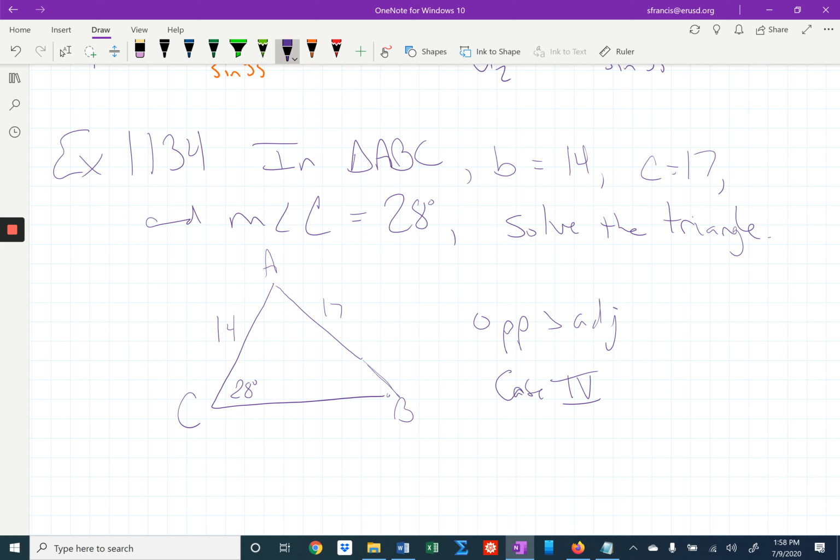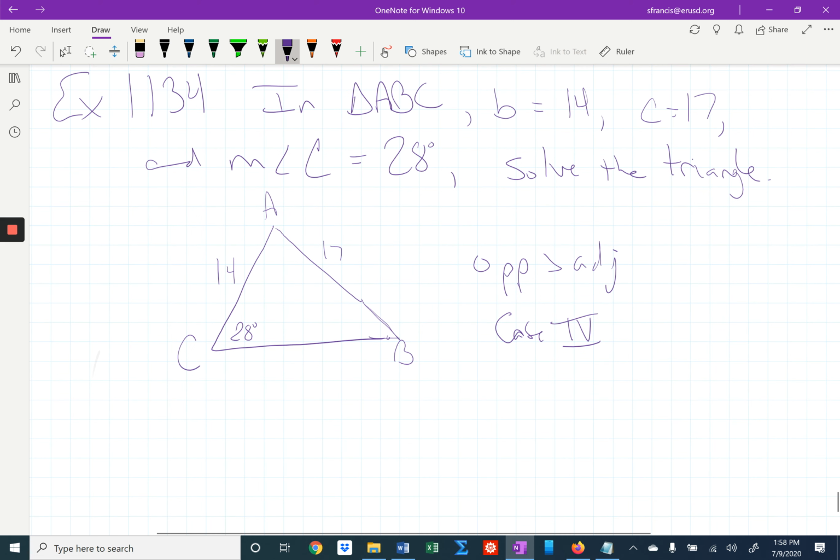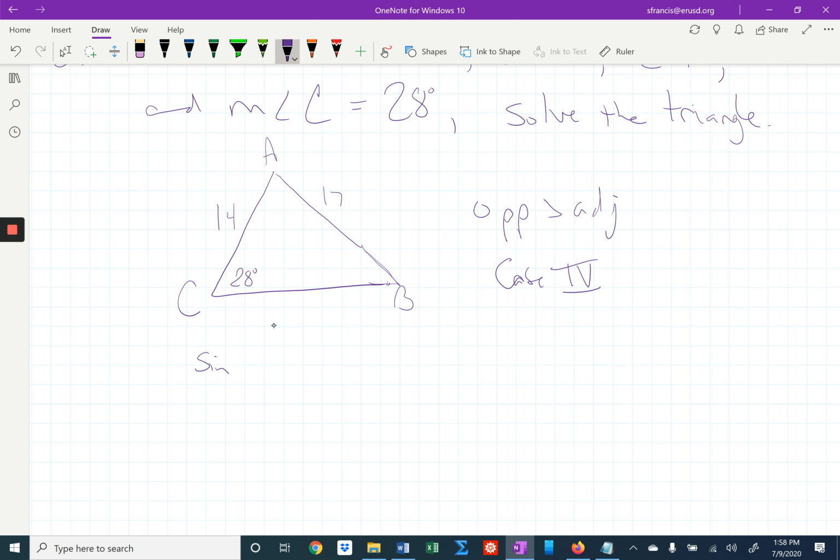And if it's case number 4, that means there's only one triangle on this, and it's straightforward law of sines: the sine of 28 degrees over 17 is equal to the sine of angle B over 14, and keep going. I don't think you really need my help with this, so I'll do another step. Actually, let me get rid of this and do B is the inverse sine of 14 sine 28 degrees over 17.